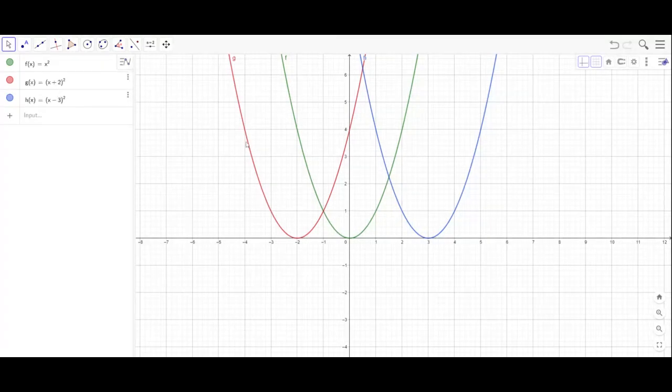So far, so good? So that's what we're talking about as far as shifts are concerned. Yes, we're adding and subtracting numbers horizontally and vertically. And remember, with all the transformations I'm going to show you, vertical happens outside, horizontal happens inside the function.